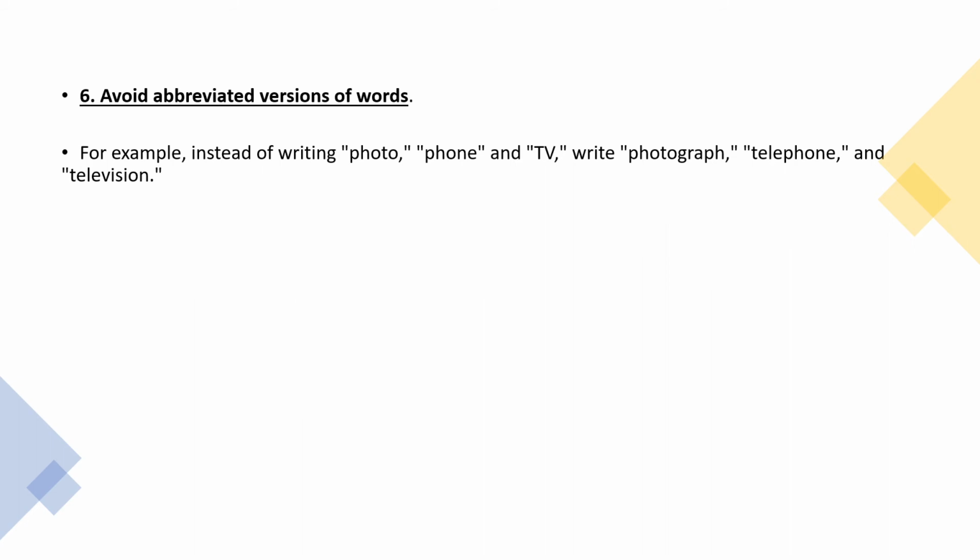For example, instead of writing photo, phone, TV, write photograph, telephone, television. So this is a very common and basic rule we all use in our daily life. Obviously, in our daily routine, we use TV, but in formal language, you have to replace TV with television.